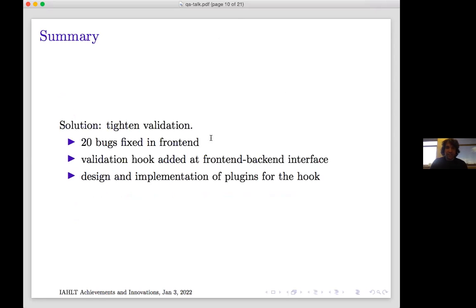So the solution is to tighten the validation. We've fixed over 20 bugs in the front end so far, and I added a validation hook at this front end back end interface. And so now the task in front of us is to design and implement useful plugins for this hook. So things that will tell our annotators useful information to help them, that will catch more errors so that they don't get caught at QA or, heaven forbid, released to the general public.